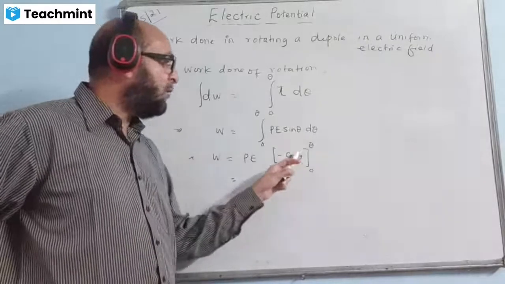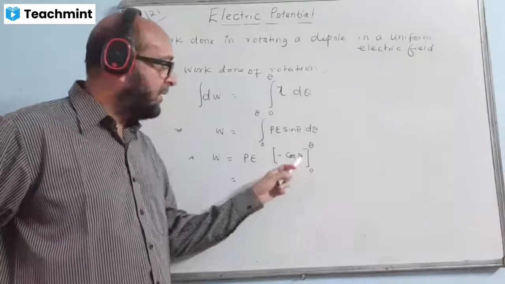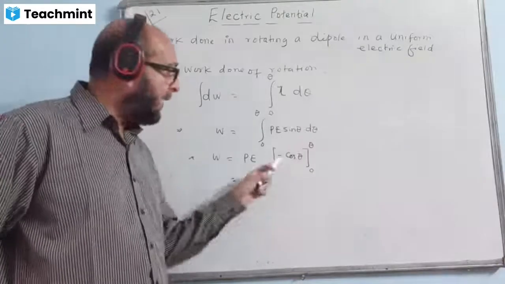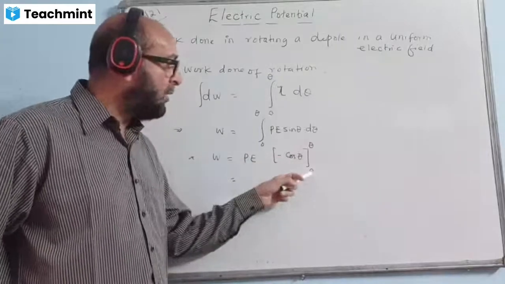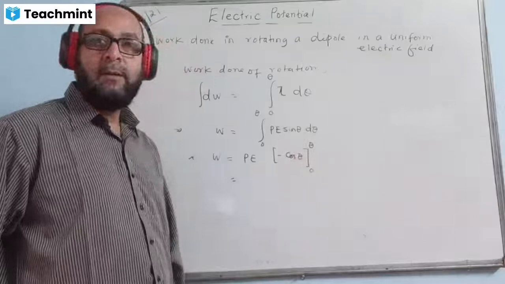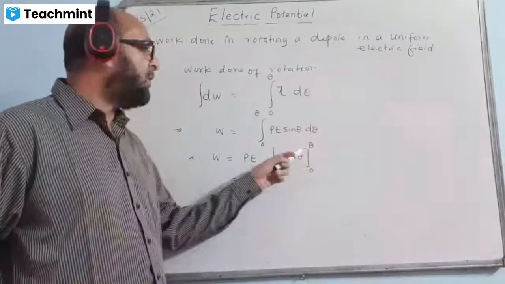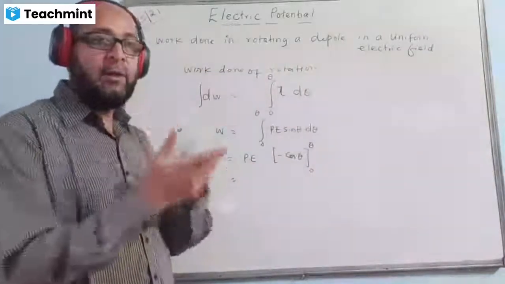First we put the upper value and then minus the lower value for this angle theta. But when the minus sign is there, we can first put the lower limit and then the upper limit. It is the same as putting the upper limit first minus the lower limit when there is no minus sign. The minus sign will change the order.